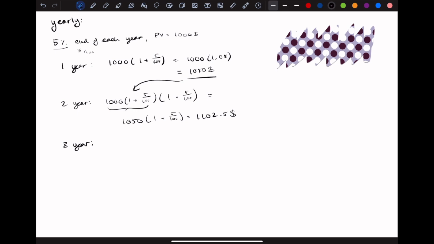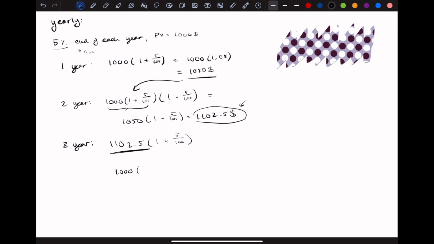Let's repeat this logic with year 3. In year 3, we're going to take our present value, 1,102.5, and multiply it by 105%. If we don't want to find this first, we can simply write this value right here in terms of our initial value, our first year before we got the interest value.